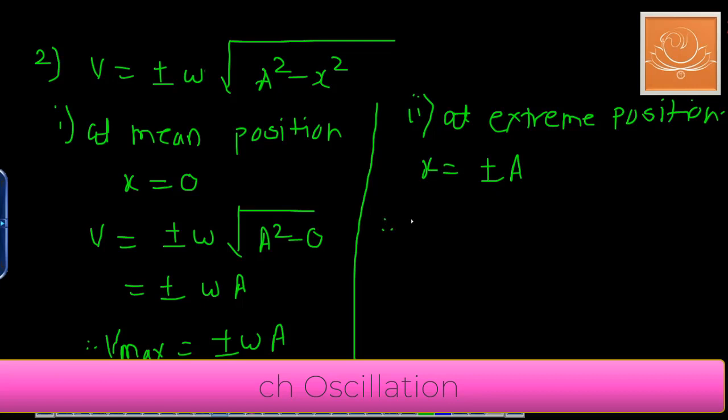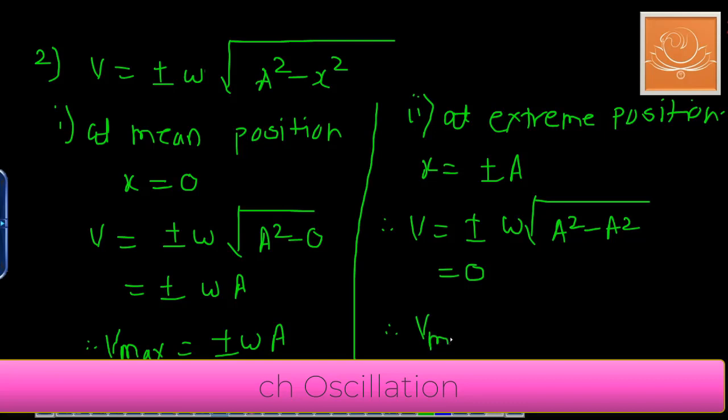See, the equation becomes V equals plus or minus omega into square root of (a square minus a square), which is equal to 0. This is the minimum value. That means at both extreme positions, the velocity is minimum, which is equal to 0. This is the value of velocity at mean position and extreme position.